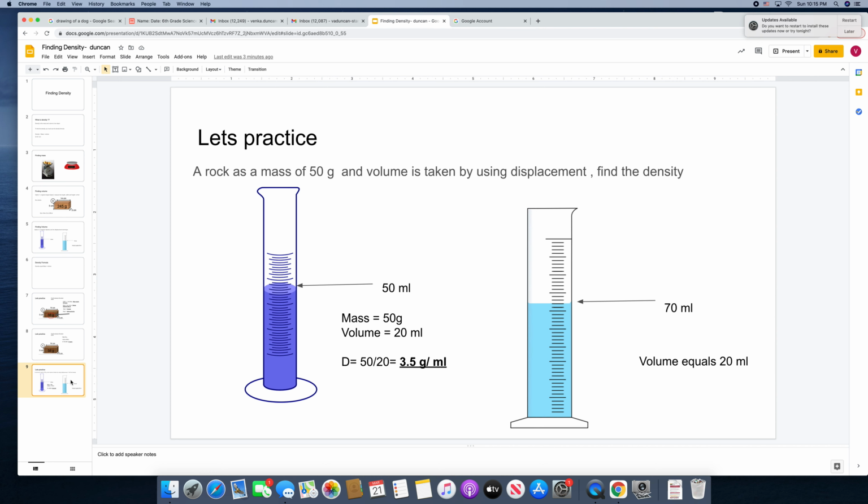So our water originally started at 50 milliliters, and then it went up to 70 milliliters once the object was dropped in. So that means our volume equals 20 milliliters. Now that we have all our information, we're going to plug it in. Mass of 50 grams, volume of 20 milliliters, divided, and then we're going to get a density that equals 3.5 grams per milliliter.